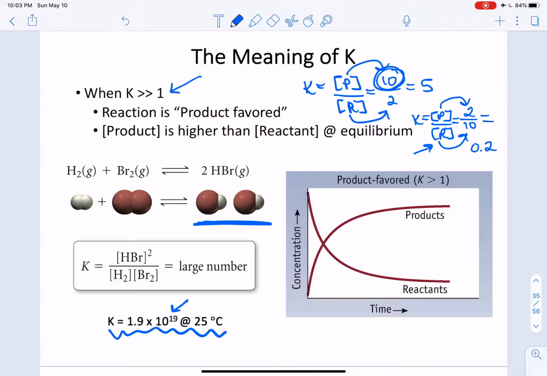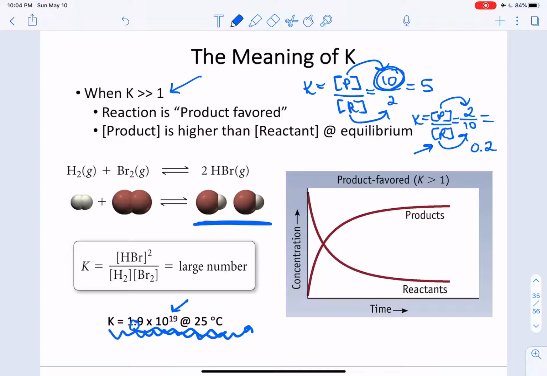That is a huge number. That means you take this decimal point and you move it over to the right 19 times. So there's a whole lot of zeros there. That number is way bigger than 1. So it's telling you lots of product from this reaction. Very little reactant left over.